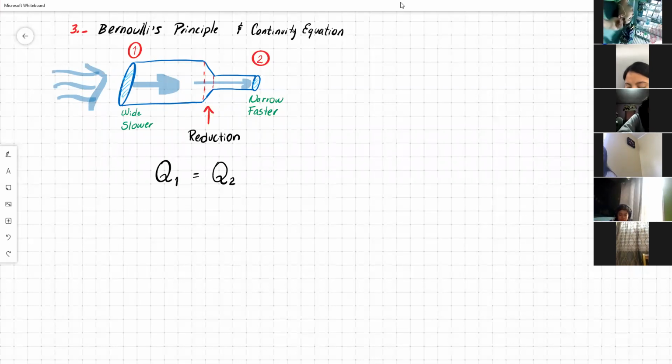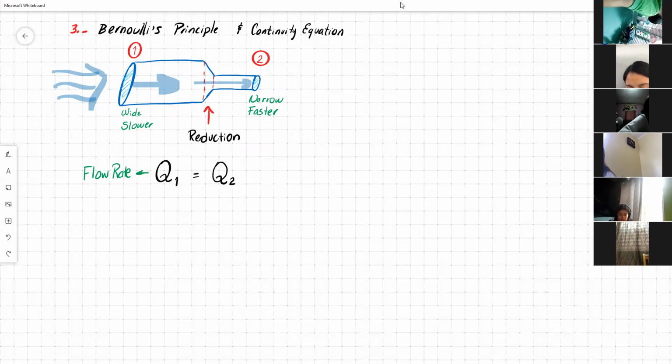Okay. So this Q means flow rate, okay? So I'm going to compare the two flow rates, the flow rate 1 and the flow rate 2. And it says it is the same.